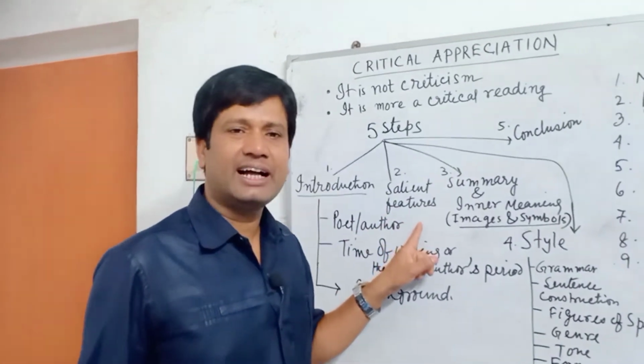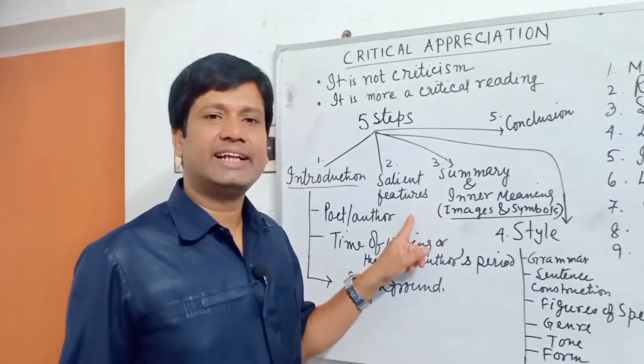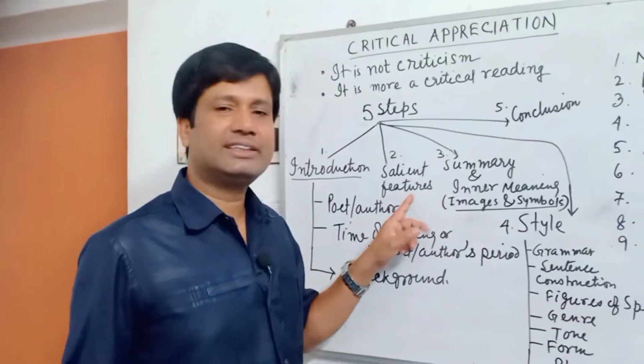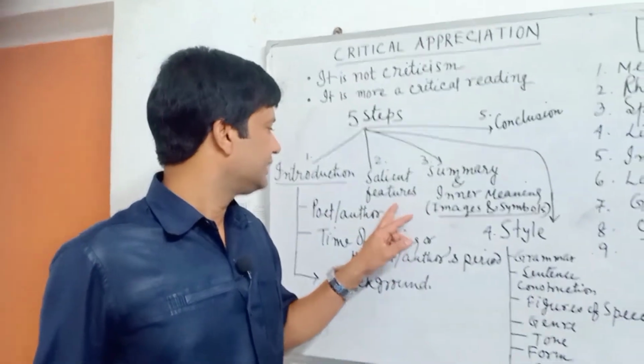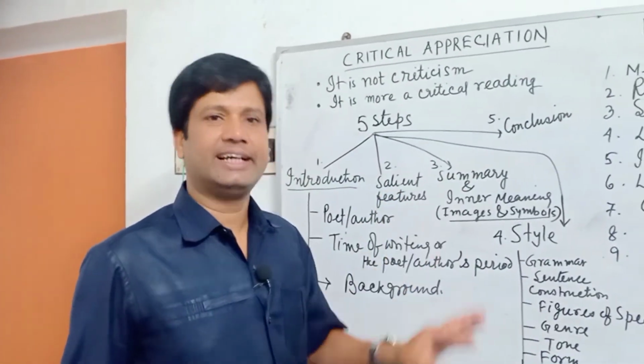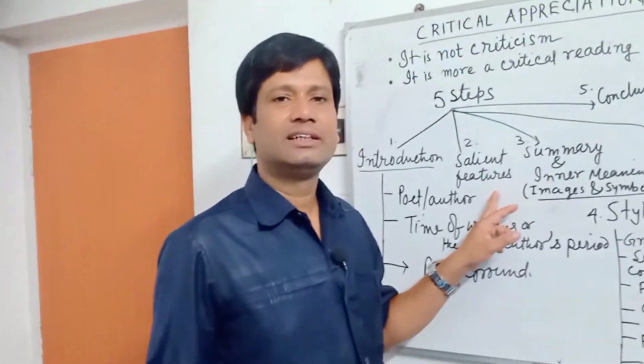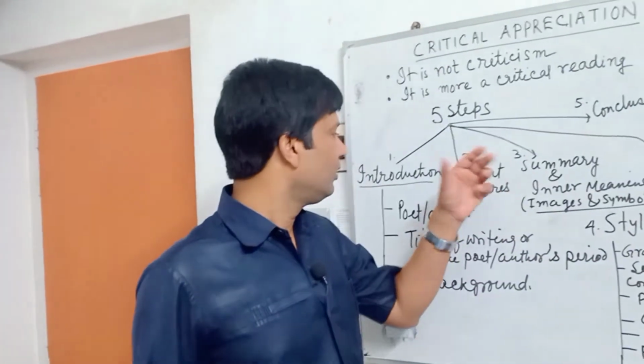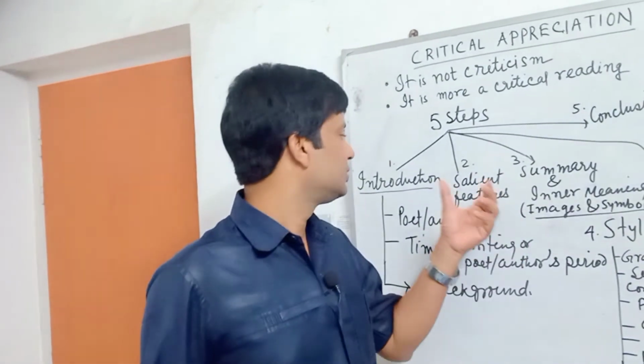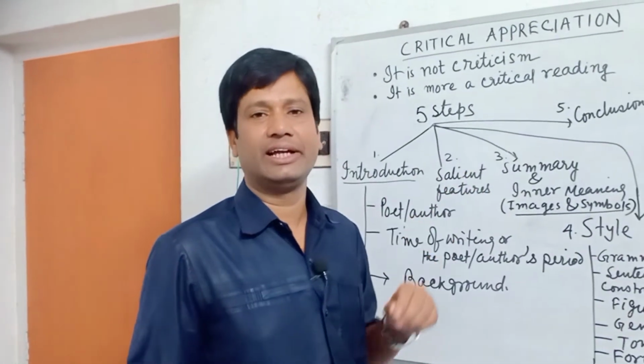Macbeth is the study of characters like Macbeth and Lady Macbeth. Macbeth is a unique drama using dramatic irony and soliloquies. All these are the salient features, so you should focus in this way.